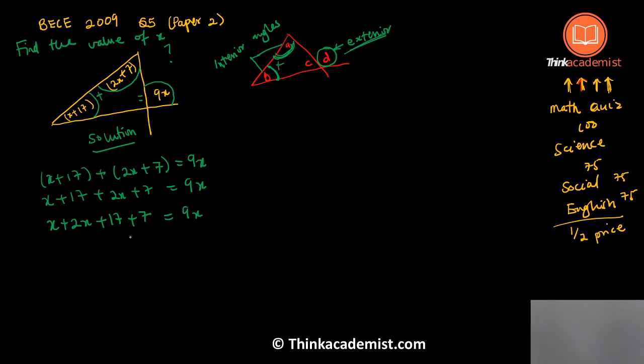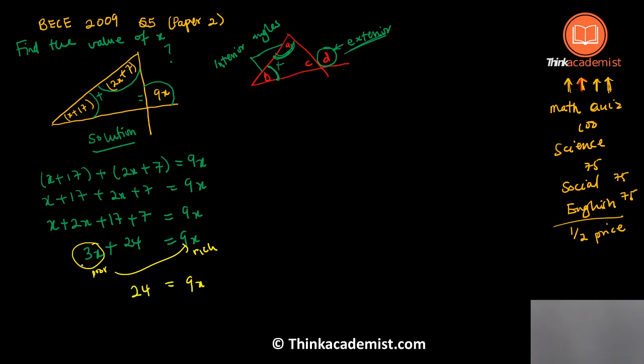This will give us 24 and this will give us 3x equals 9x. We are not done grouping like terms. Now we want to avoid negatives, so we'll do what I call the poor man goes to the rich. So it becomes 24 equals 9x.